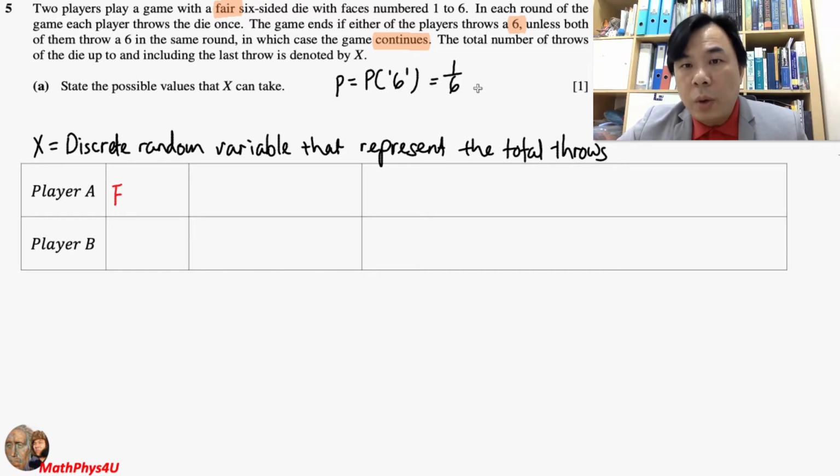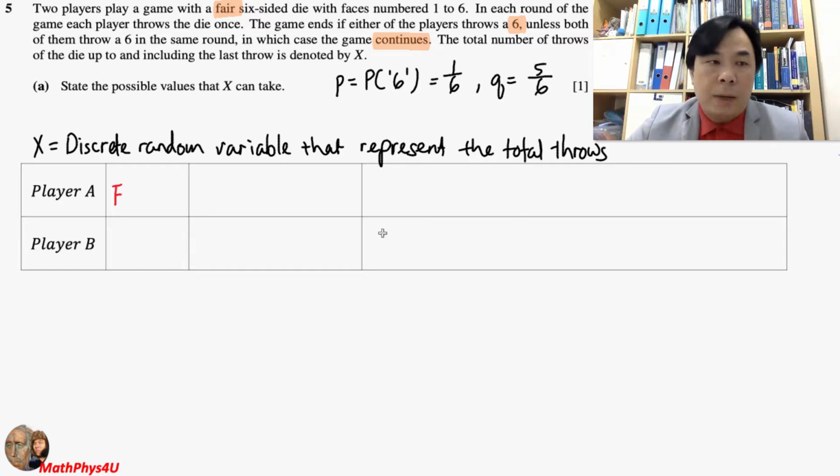And for my notation, Q represents someone who failed to get a 6, which has a chance of 5 over 6. Those will be my notations that I'm going to use to build the probability and discover the discrete values for this random variable.